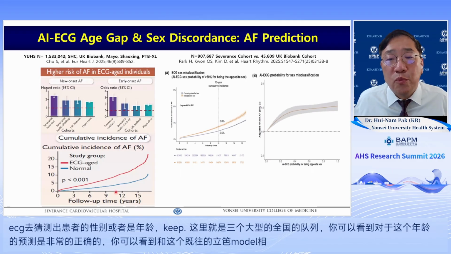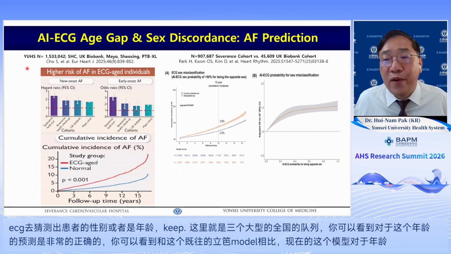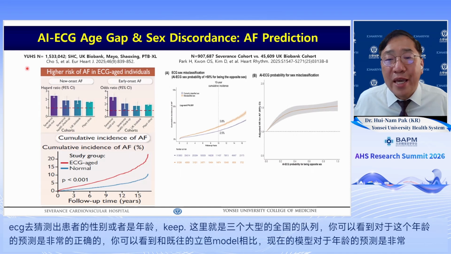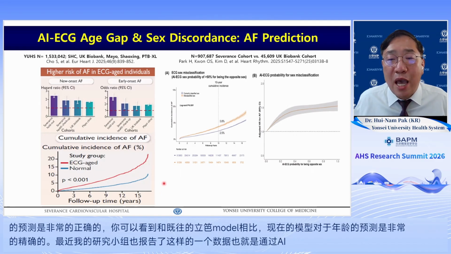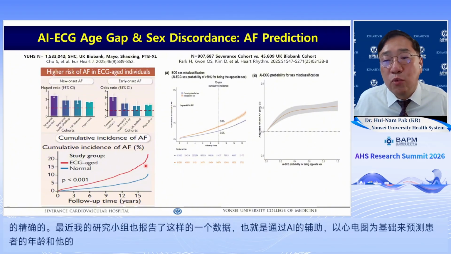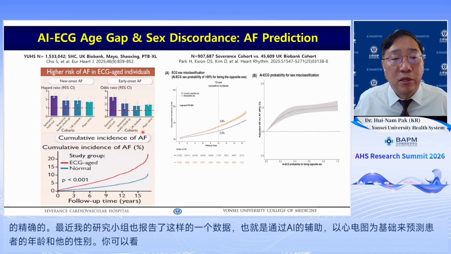My group recently reported the finding on the association between AI ECG age and sex discordance and atrial fibrillation. When the ECG age gap, between ECG age and chronological age, was over 7 years, AF incidence was significantly higher, particularly under 65 years old. And this is another study.